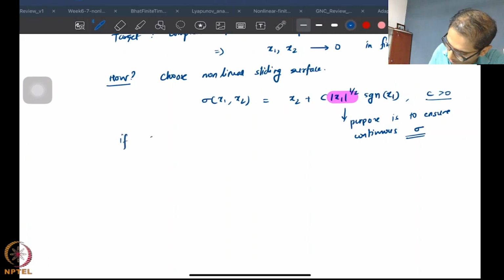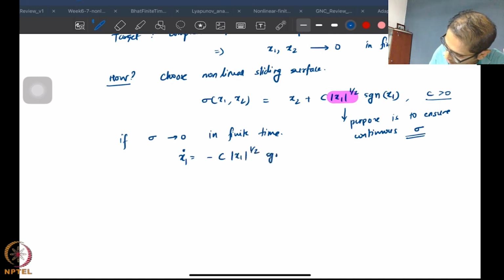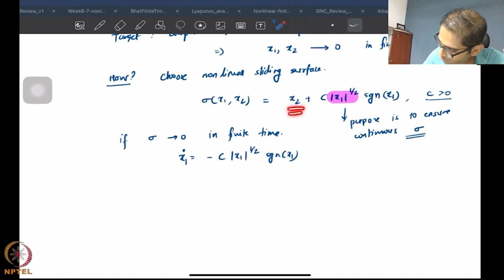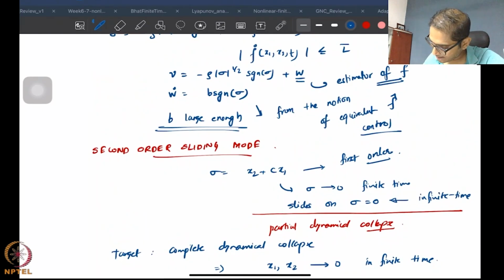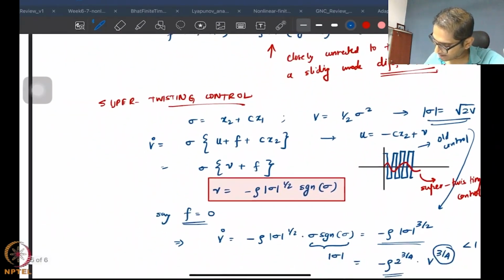If sigma goes to 0 in finite time, say, then what do I have? I have x1 dot equals minus c absolute x1 to the power half signum x1, right? All I've done is substitute for x2 as x1 dot. Now if I take v as half x1 squared, I know exactly that v dot is going to be minus, because we did this analysis right here, for the similar case.